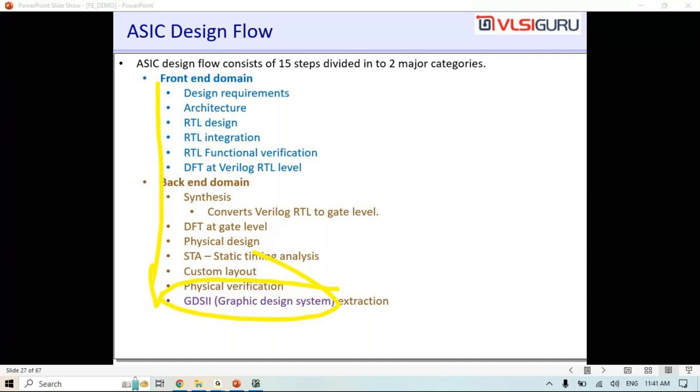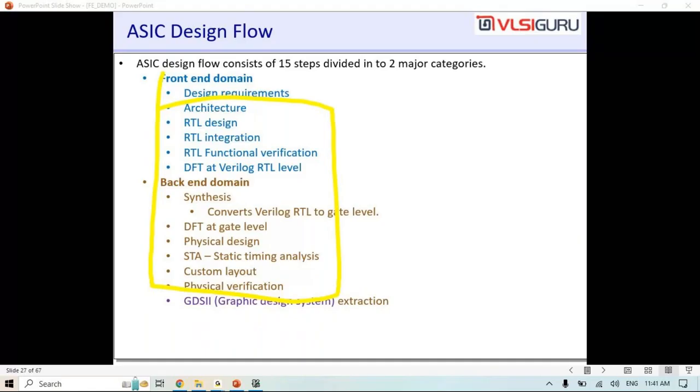So in summary, whatever work you have done, the whole thing goes into this single file, the GDS2 file. This is similar to an MP4 file. What is an MP4 file? The entire movie is present in MP4, right? Starting from the titles till the end, everything is there. Audio, video, everything is there, right?